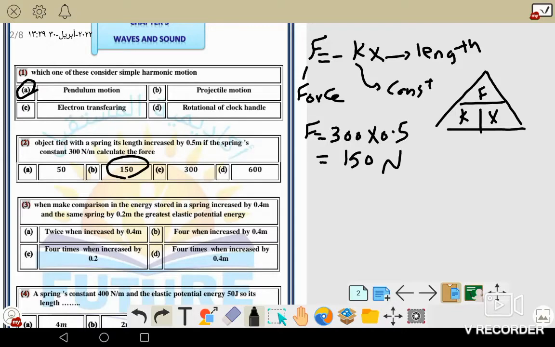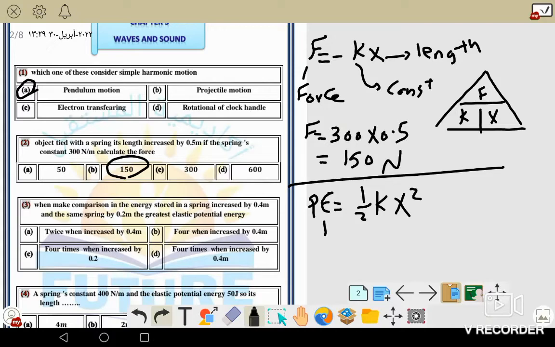When comparing the energy stored in a spring increased by 0.4 meter and the same spring by 0.2 meter, which has the greatest elastic potential energy? Potential energy equals half kx squared. So the relation between potential energy and x is directly with the square.